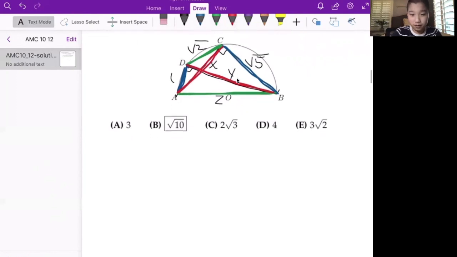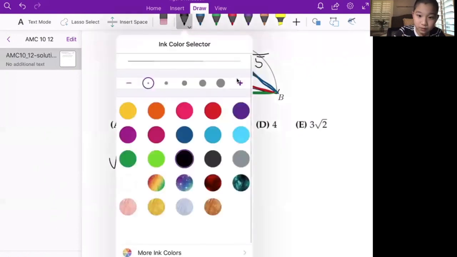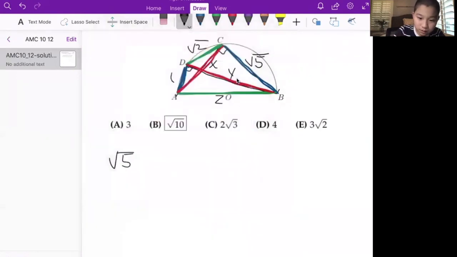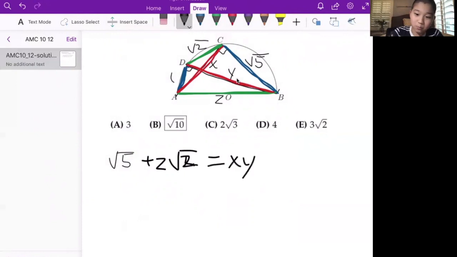So basically 1 times root 5, which is root 5, and then plus root 2 times z, just say z root 2, and then that's equal to xy. What else do we have?